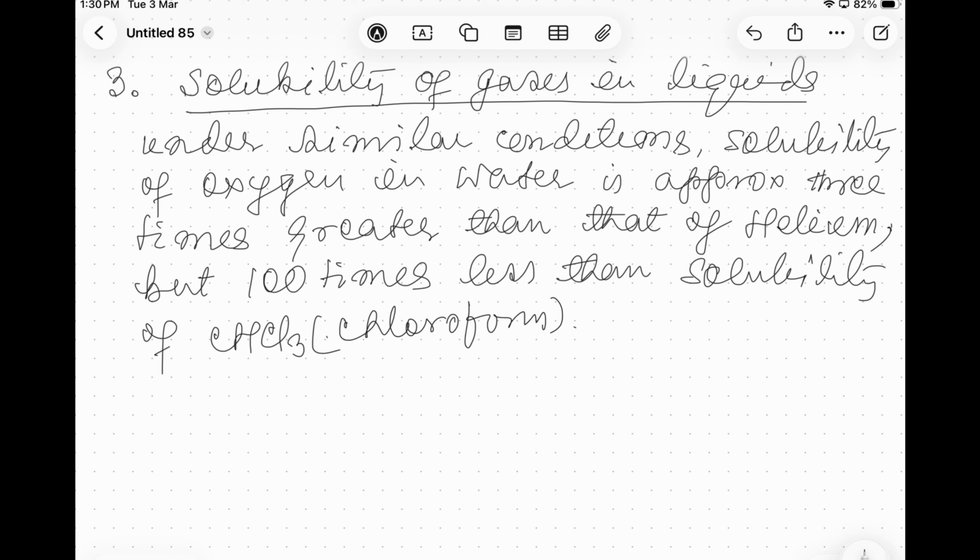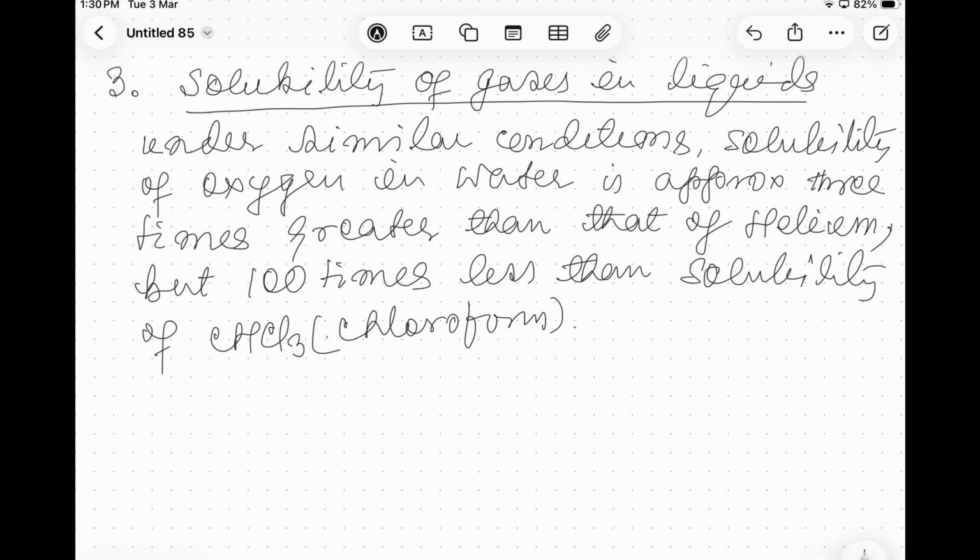Why? Because the polarity in chloroform is far more than that in oxygen, which is slightly higher than that in helium. So the nature and the structure of solute and solvent affect the solubility.